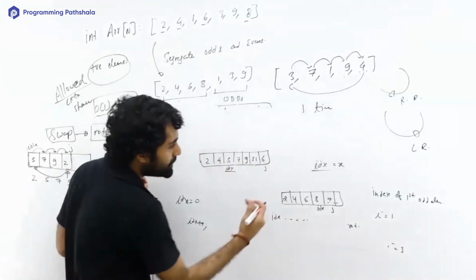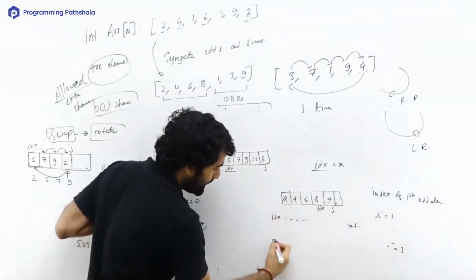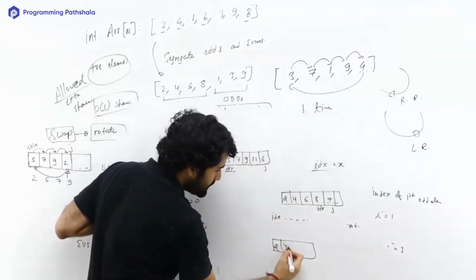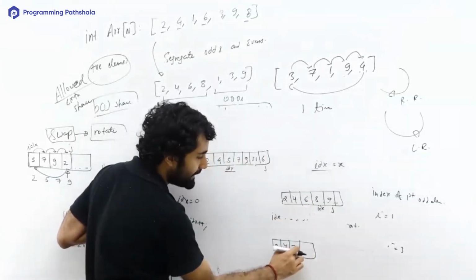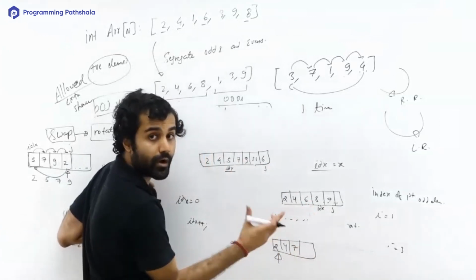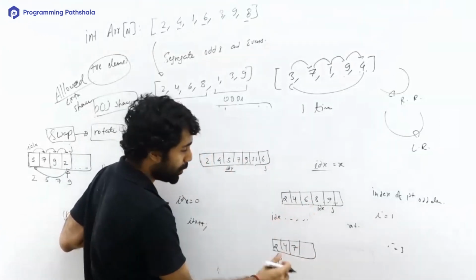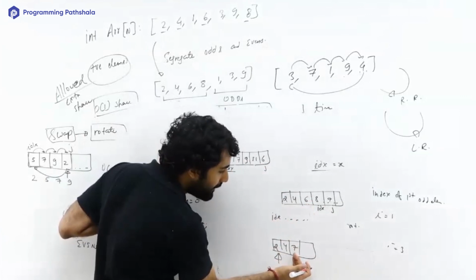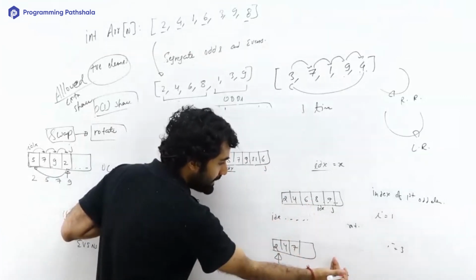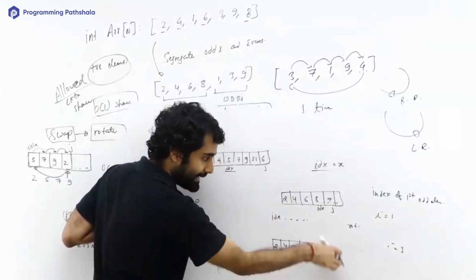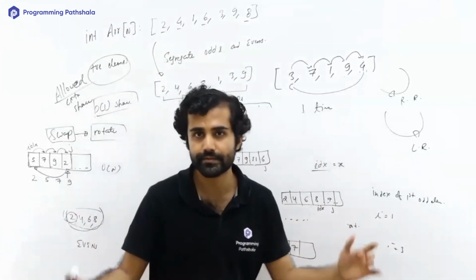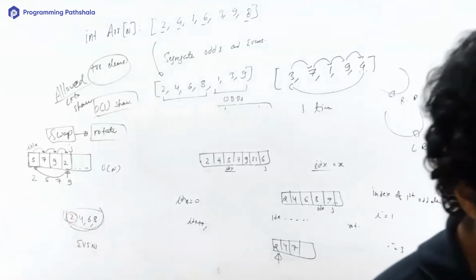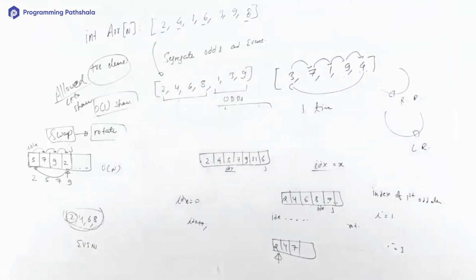Now, if the first odd element in your array is coming later, if let's say you are here and the first odd element is coming later, then would you want to do anything? You would not want to do anything, right? Only if you are after this first odd element and then you get an even element, would you want to perform a rotation. Otherwise, you won't want to perform it. It's just a tiny thing. If you observe it carefully, you'll understand this needs handling and how it is to be handled.